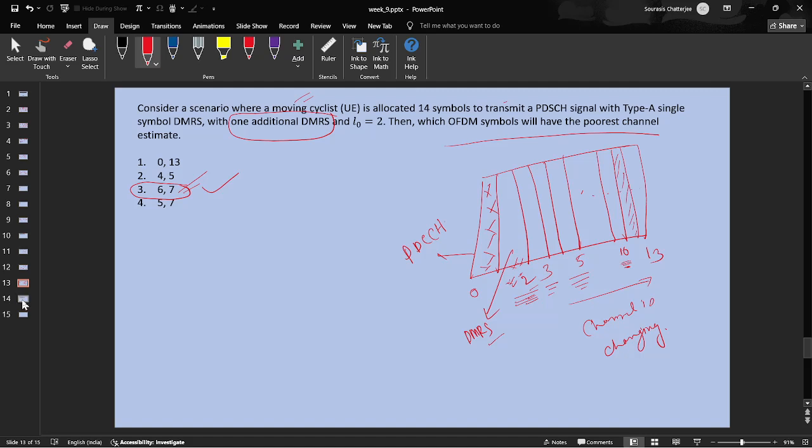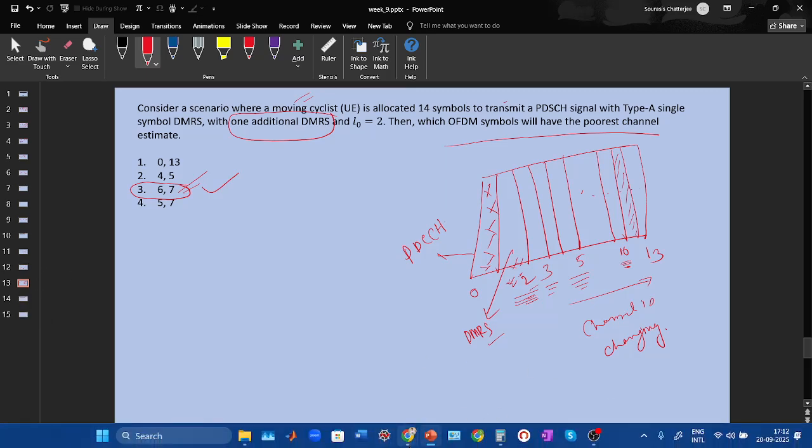So when it comes to CDM groups, we are discussing in the context of reference signals, and a reference signal doesn't contain any information, right? Those resource elements are reserved for the transmission of reference signals or pilots, but not the data bits.